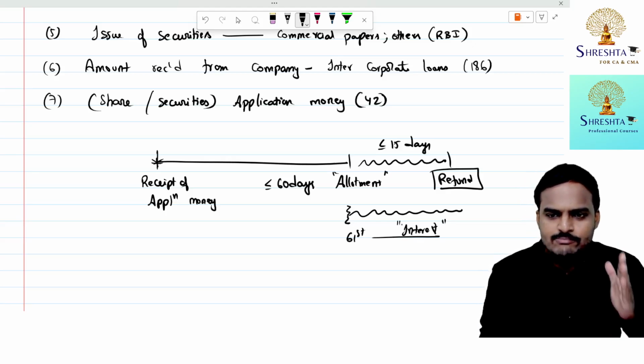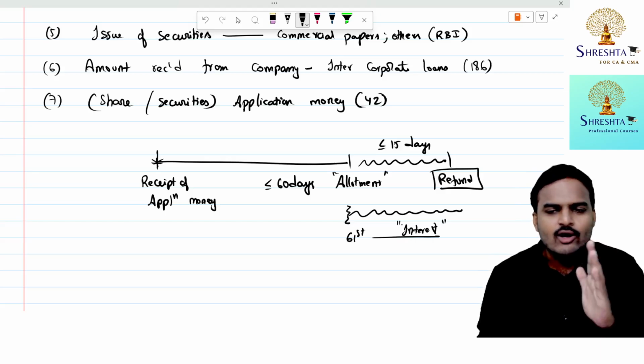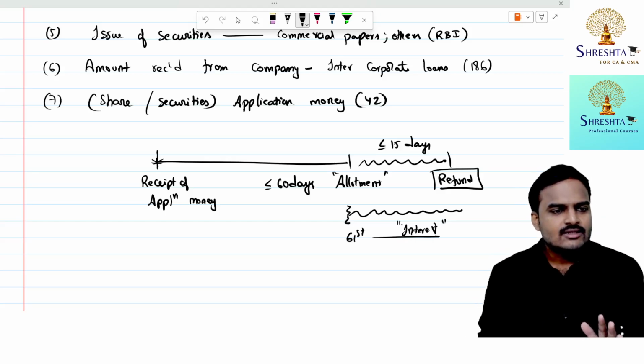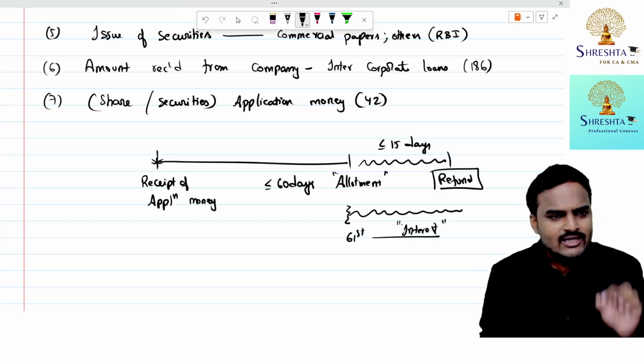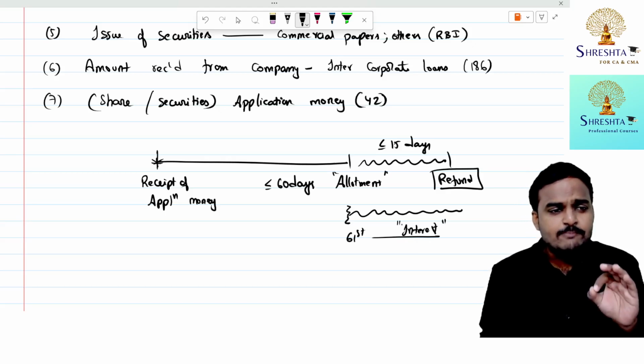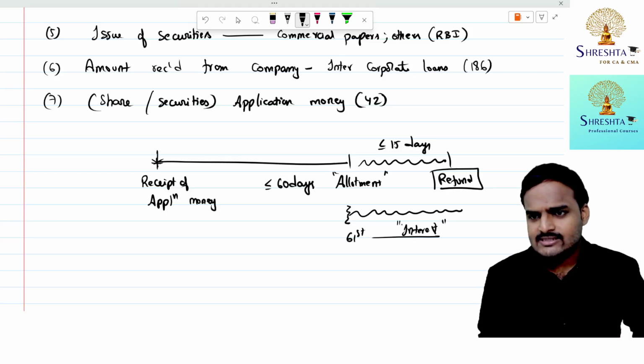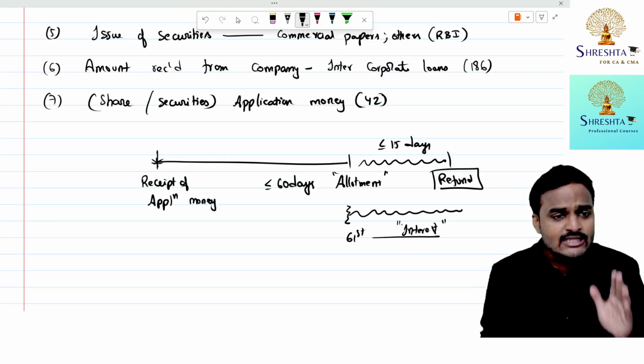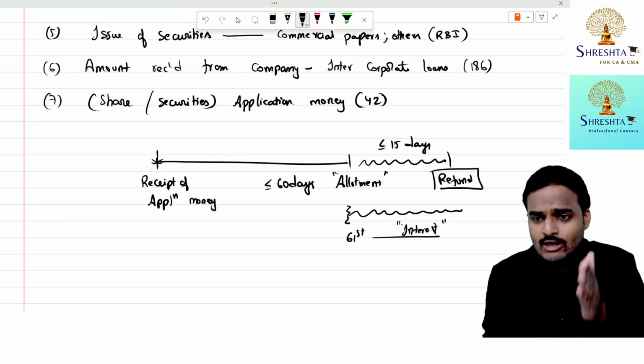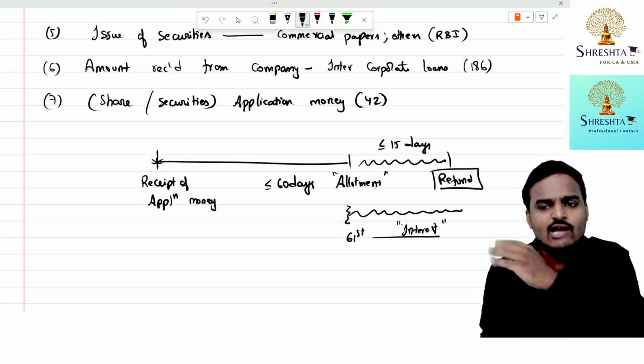So from the date of receipt of application money, the company is required to make allotment within 60 days. If the company fails to make allotment, then within 15 days from the expiry of 60 days, the company should refund all those monies. Or else the company is required to pay interest at the rate of 12% per annum from the 61st day onwards.